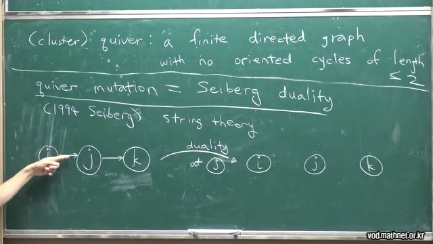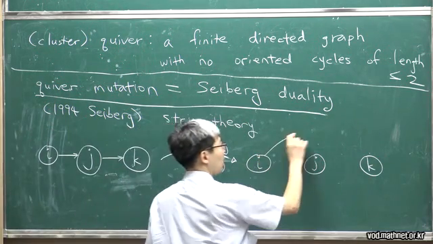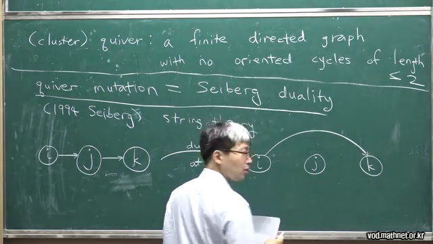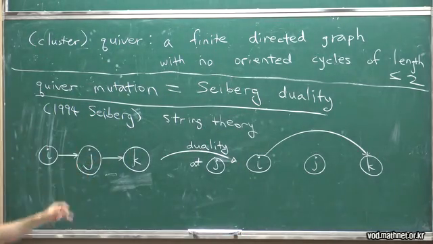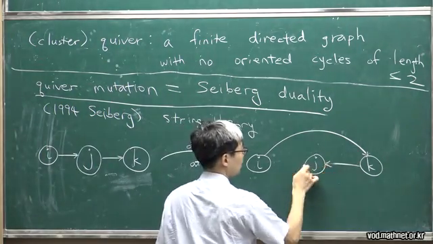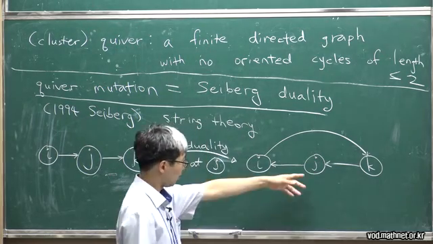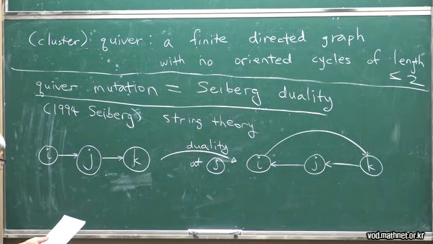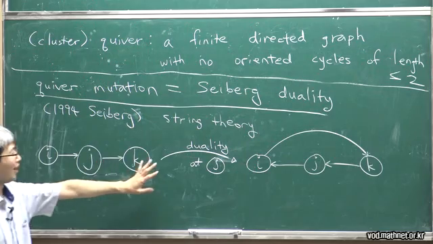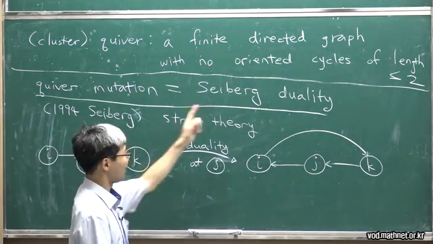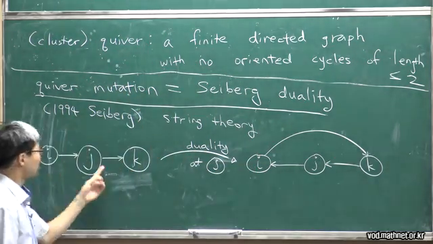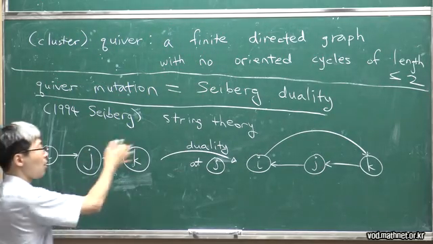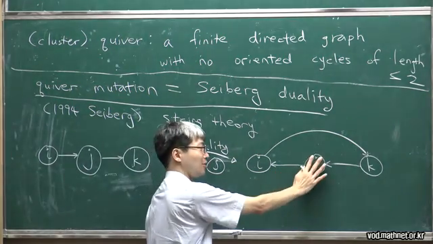Basically, I want to take a composite of these two arrows, and then make a single arrow from I to K. But to compensate these directions, the arrows that are incident to J will be reversed. So like this. And if this is a good duality, then the dual of the dual should be the original.